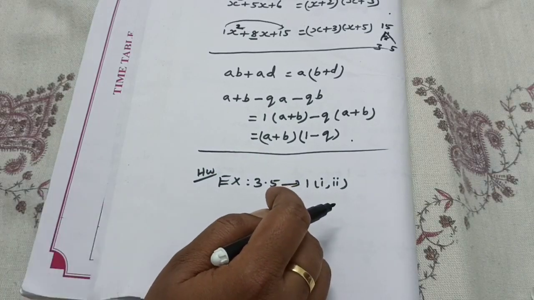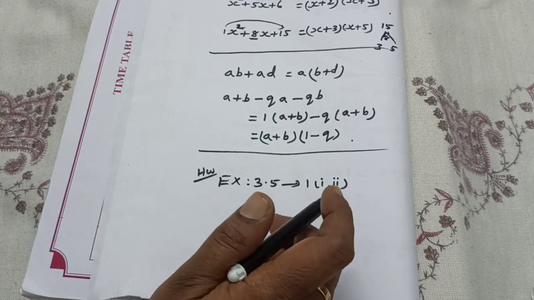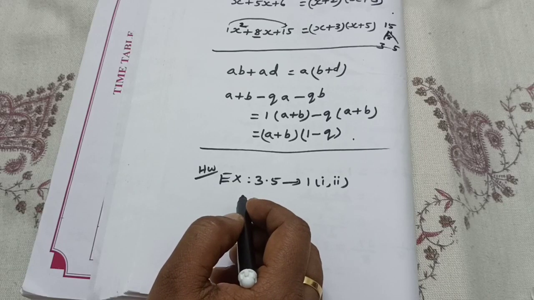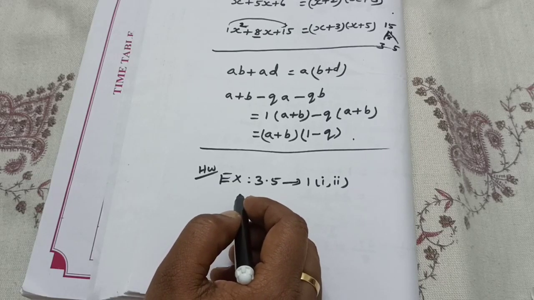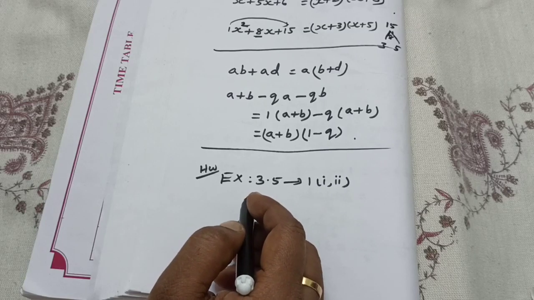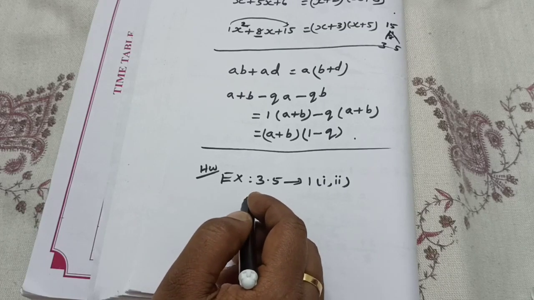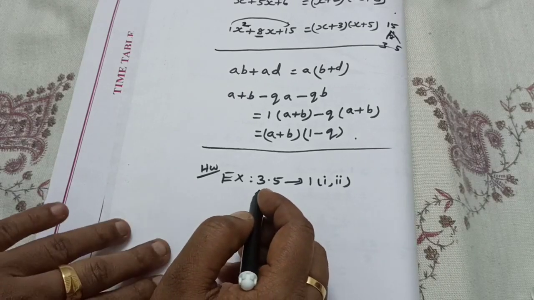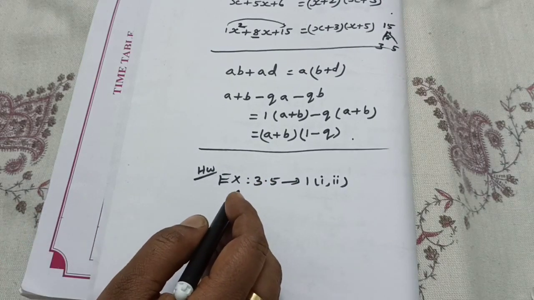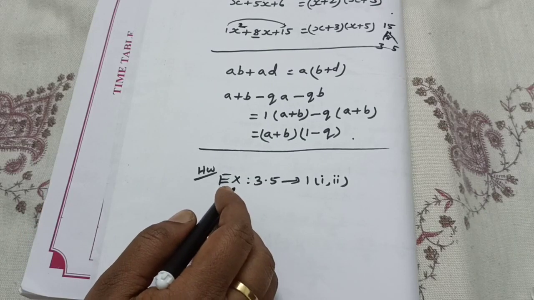Here what is given means a square is common, we can take outside, remaining you write it. Okay, then second one also like that only, common you should take outside, then 2 factors you find out. Okay, try to do. Then if you have any doubt, you can call me in the doubt clearing session.